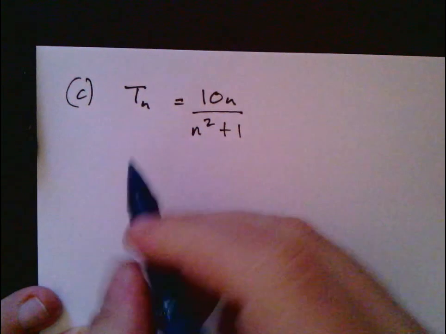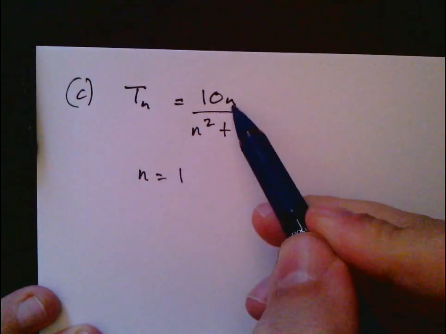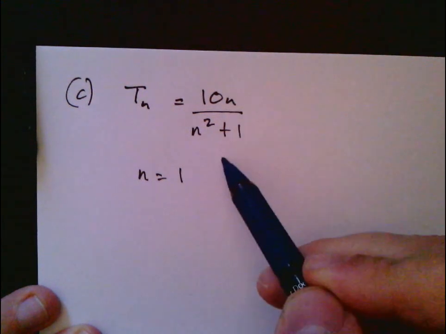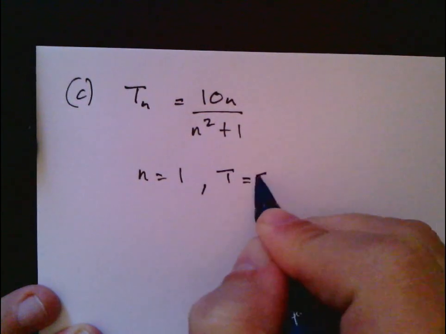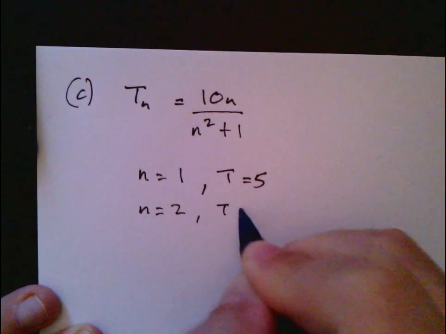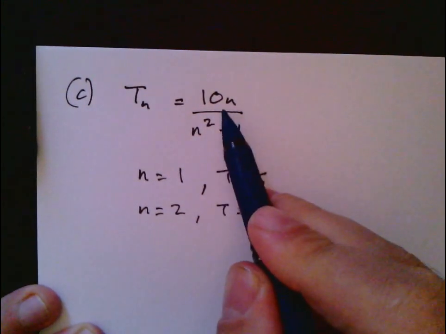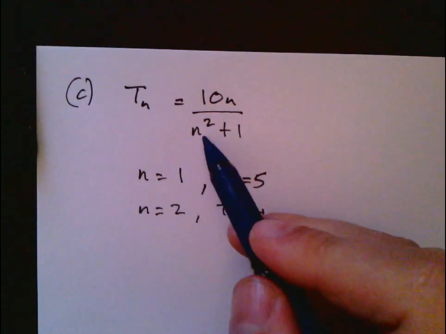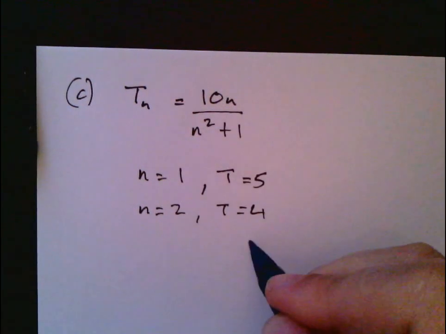First term is 5, so when n equals 1, let's check that. 10 times 1 is 10, divided by 2 is 5. And the second term equals 4. Let's check that. 10 times 2 is 20. 2 squared is 4, plus 1 is 5, so 20 divided by 5 is 4.